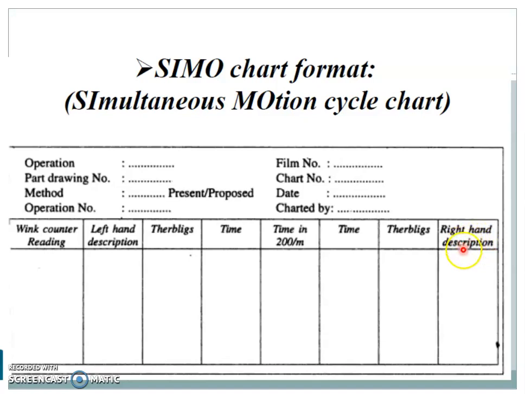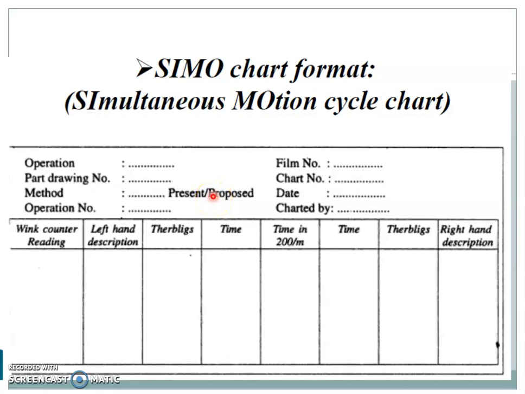Similarly, for the right hand activity, its therblig is to be noted, and then simultaneously we have to write the activities or time taken for performing the activities for each of the hands. So this completes the simultaneous motion cycle chart.